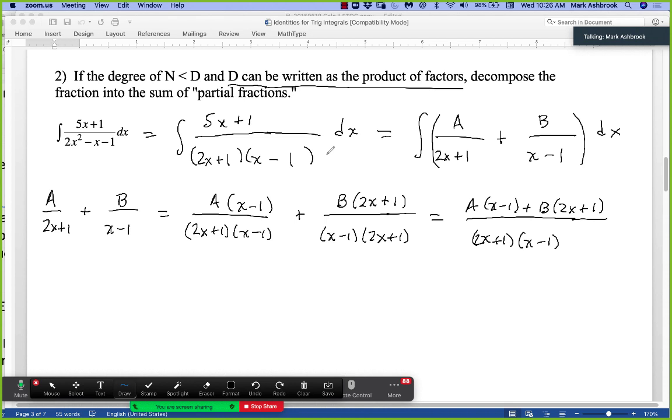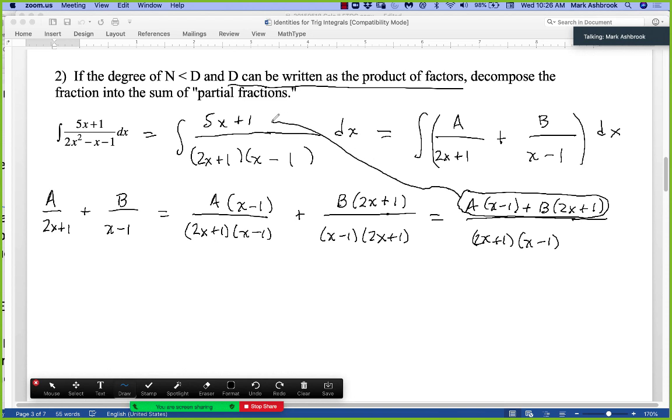So what's the conclusion then? For these two to be equal, this numerator has to equal what? 5x plus 1, the numerator over here. Right.